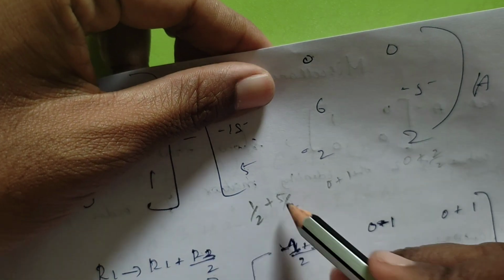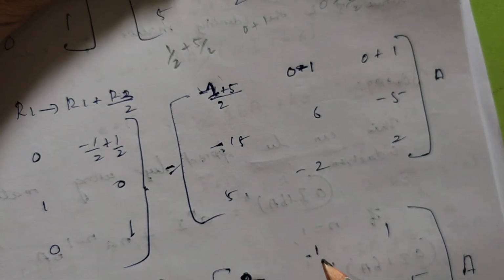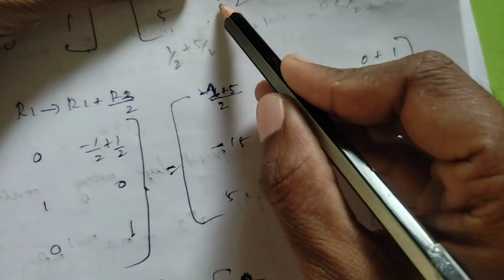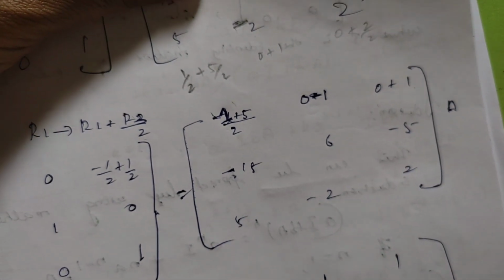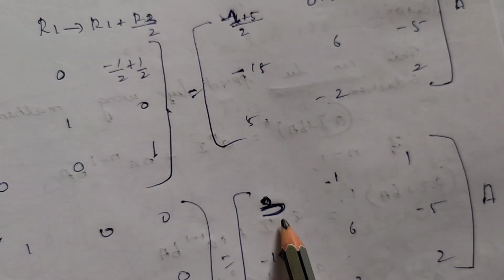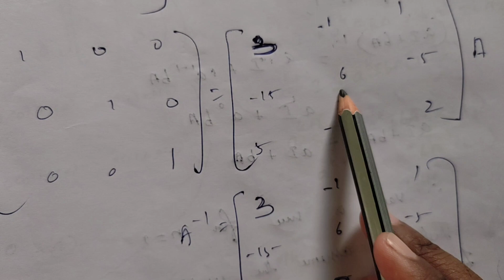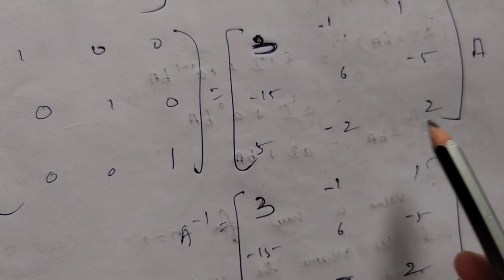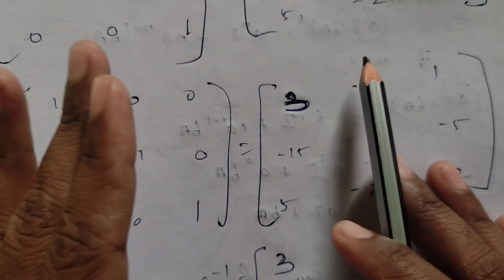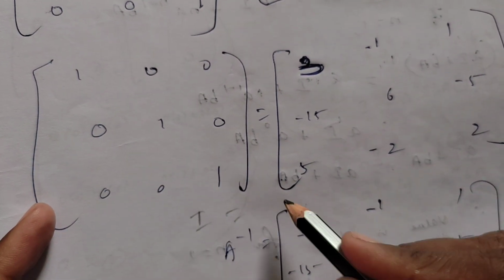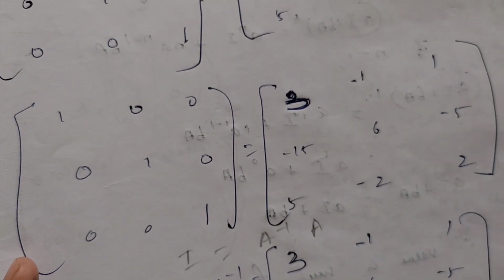So we get 6 by 2, that is 3. 0 plus 1, 0 minus 1, minus 1, and 0 plus 1, 1. So our matrix is finally 3, minus 1, 1, minus 15, 6, minus 5, 5, minus 2, 2. So we brought our LHS to the identity matrix. So I is equal to A inverse A. This is our A inverse matrix.